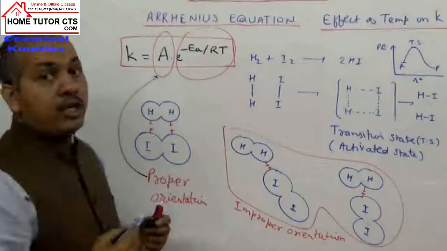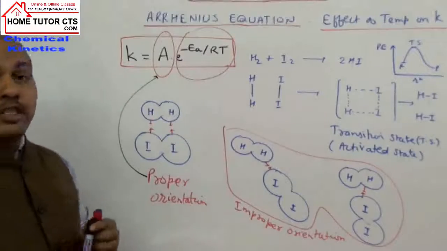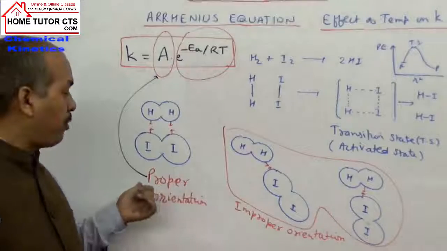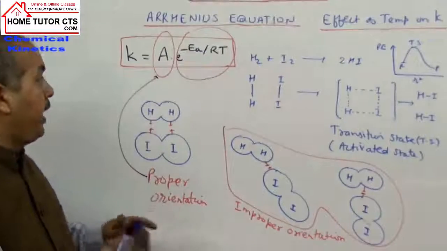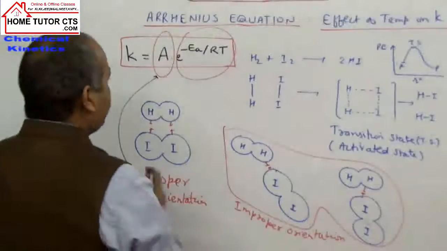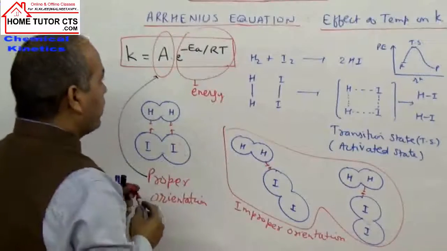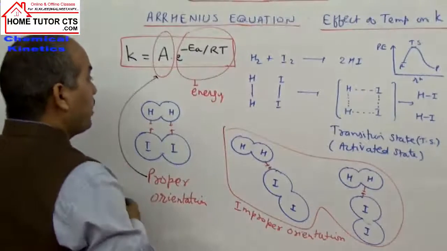A includes the molecules' collision frequency into the fraction of molecules having proper orientation, and the second part signifies the energy part, which helps in crossing the energy barrier.